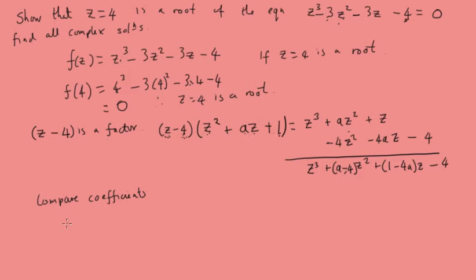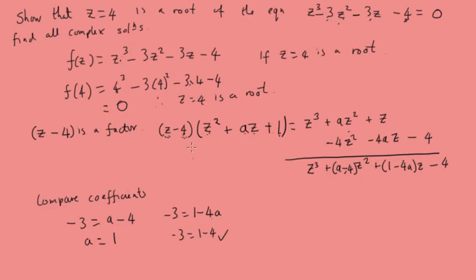So we've got minus 3 must equal a minus 4, and minus 3 must equal 1 minus 4a. So we can work out here that a is going to be equal to 1. And if we check this out here, a equals 1, minus 3 equals 1 minus 4, which is correct.